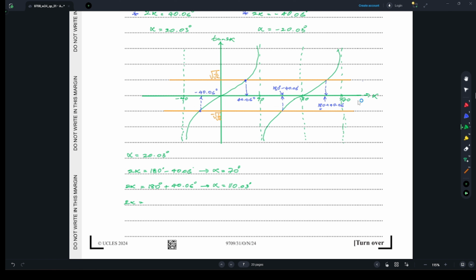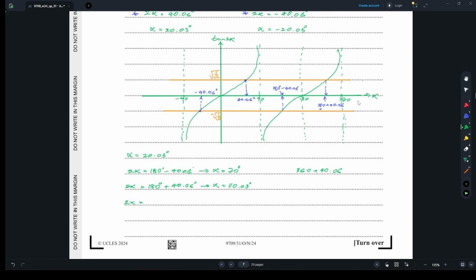In that case, we had 180 plus 40, and then I should add another 180, which is 360 plus 40.06.